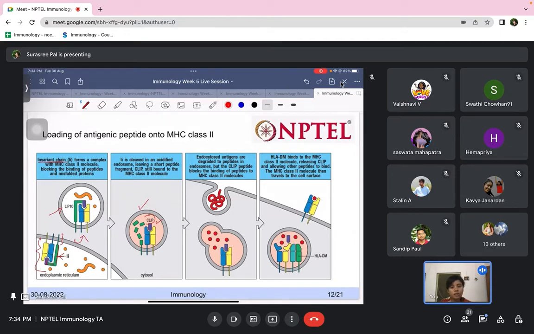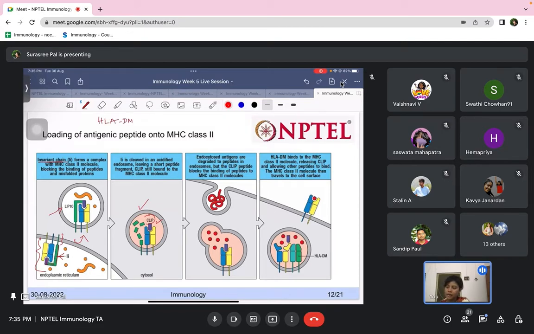Now another set of MHC class 2 like proteins are present in the cell which will finally help in the binding of the antigenic peptide to the MHC. What are these? These are HLA-DM and HLA-DO. What is HLA? HLA is human leukocyte antigen.